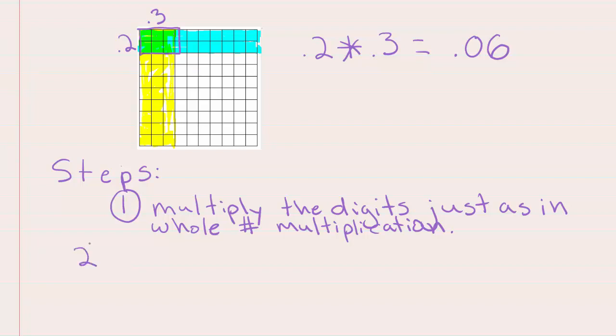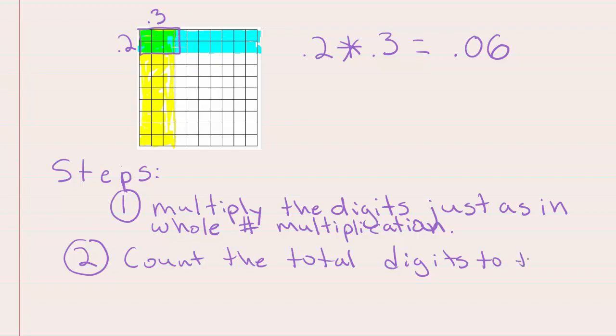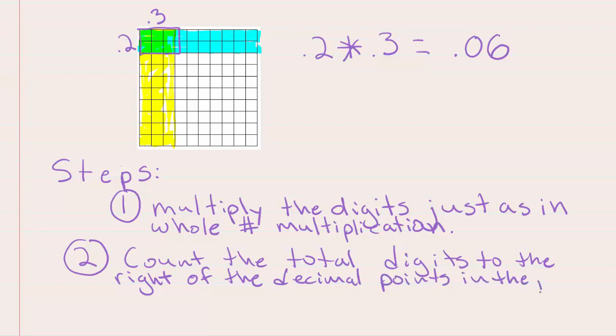Then our second step is going to be count the total digits to the right of the decimal points in the problem.